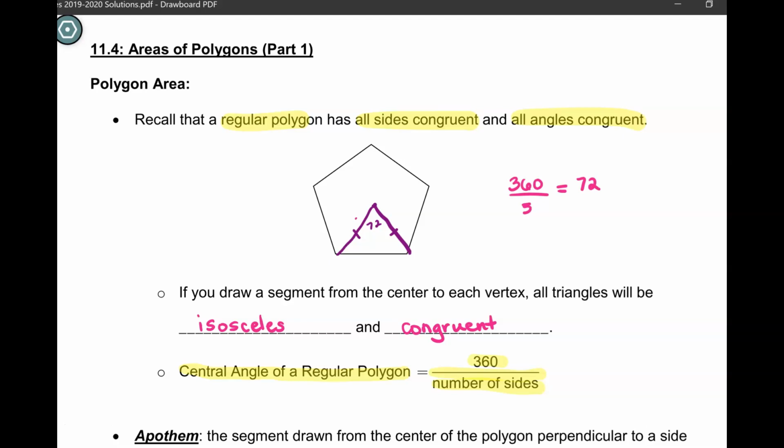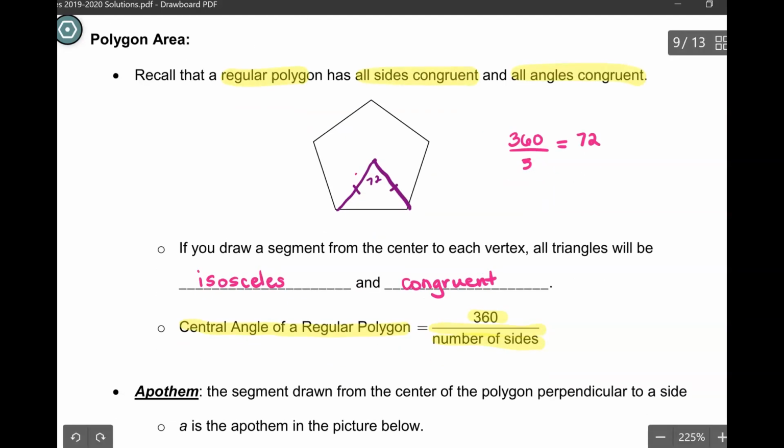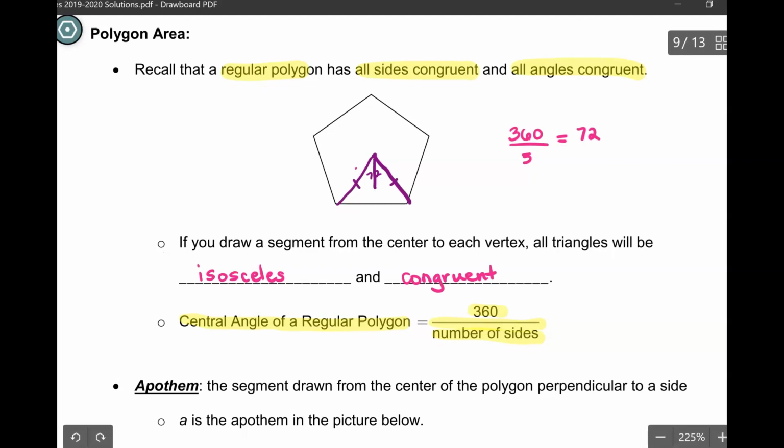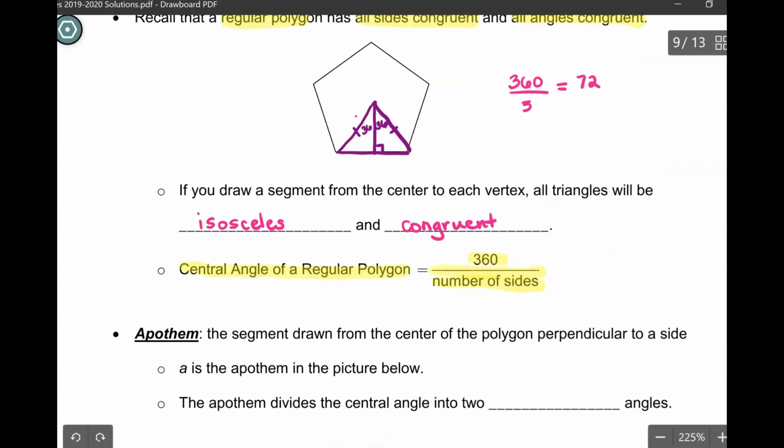If we draw the height of that triangle, that's going to split that 72 degrees in half. So this will be 36 and this will be 36. Now, we don't call this the height of the polygon. It's just the height of one triangle, which we're going to label as A. This is referred to as the apothem. It is the segment drawn from the center of the polygon perpendicular to the side.